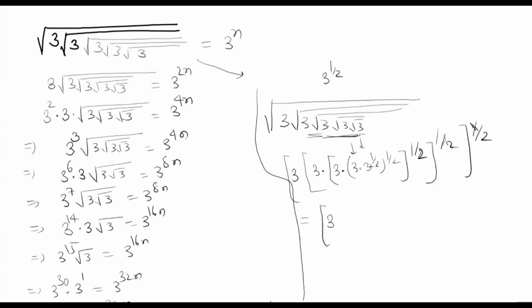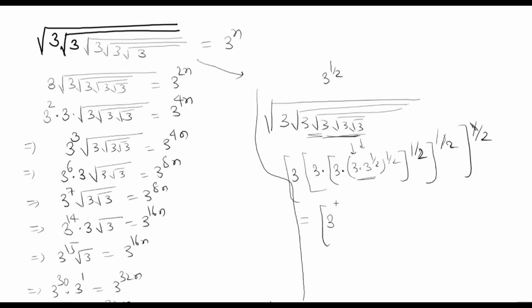So this will be 3, 1 plus half will be 3 by 2. 3 by 2 into 1 by 2 will be 3 by 4. 3 by 4 plus 1, that is 1 plus 3 by 4, will be 7 by 4. 7 by 4 into 1 by 2 will be 7 by 8. 7 by 8 plus 1 will be 15 by 8. 15 by 8 into 1 by 2 will be 15 by 16.